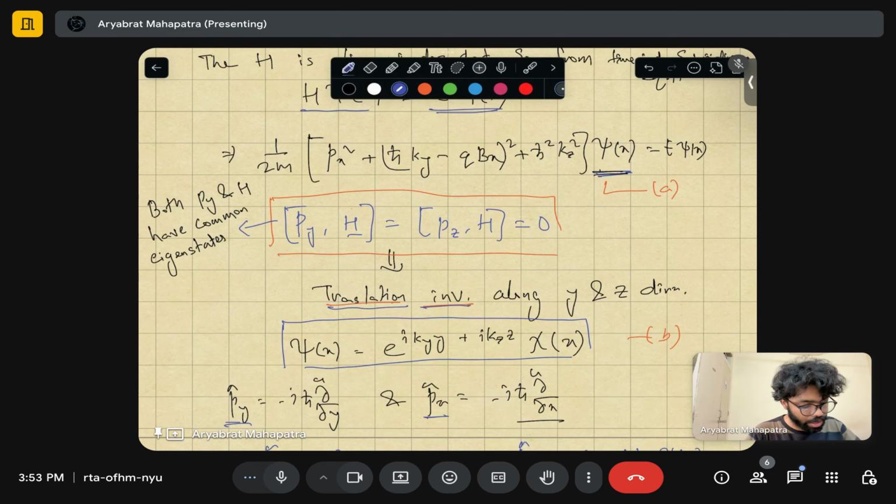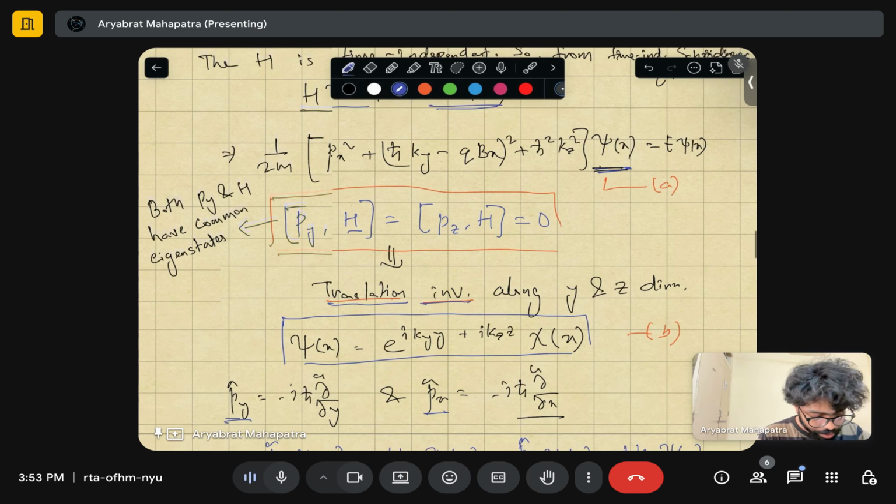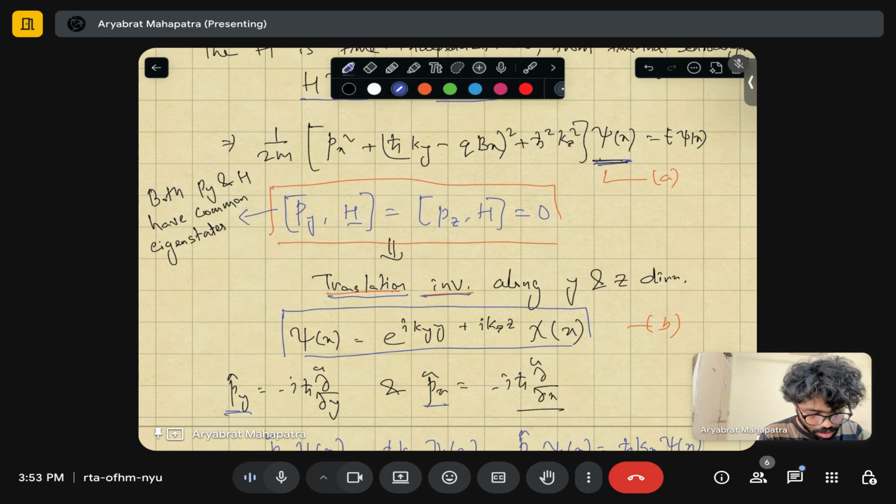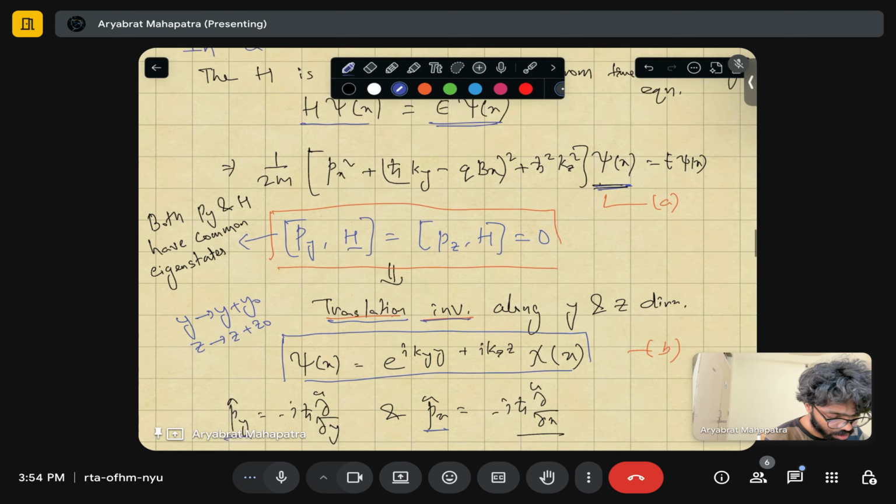This means that if you make a transformation, for example y going to y plus y naught, or z going to z plus z naught, then the dynamics still remain invariant.